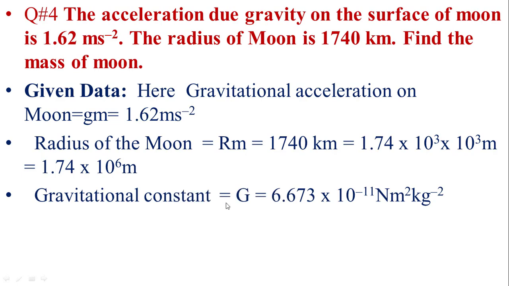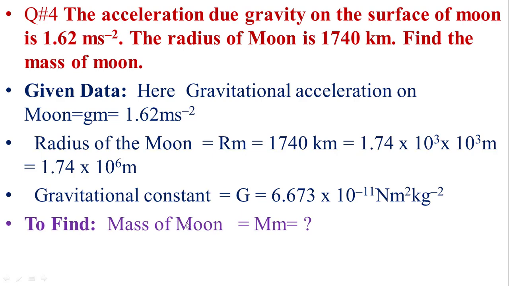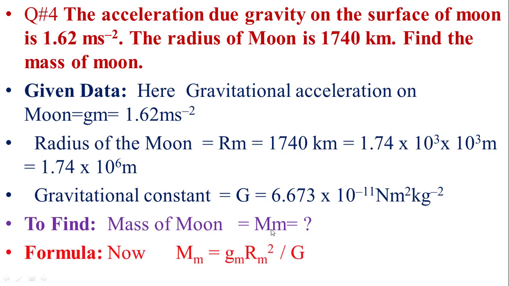Gravitational constant, the value of capital G, is 6.673 multiplied by 10 raised to power minus 11 Newton meter square per kg square. To find the mass of the moon, Mm, the formula becomes: mass of the moon is equal to the gravitational acceleration gm on the moon times the radius of the moon square, divided by the value of the gravitational constant.